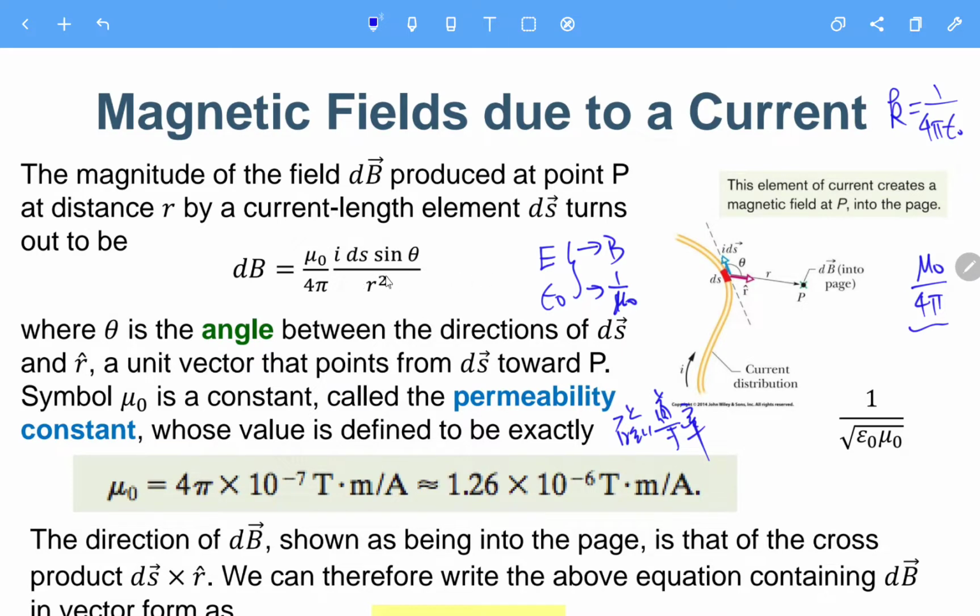So you can simply imagine we have sine of theta here, so it should be related to the cross product. The angle theta is between this segment, this is ds, this is I times ds.